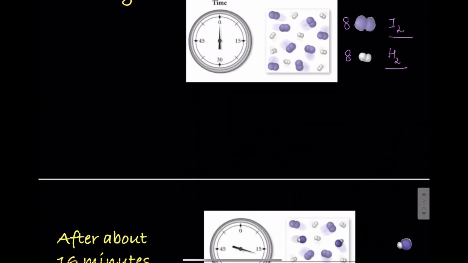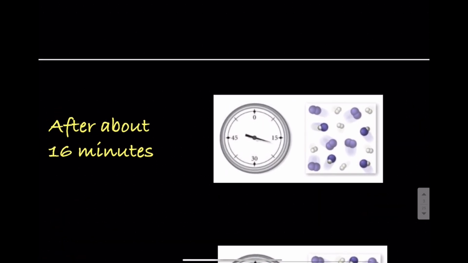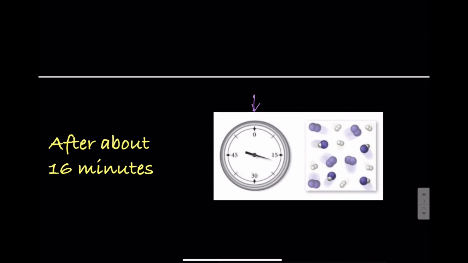Let's say we let the reaction go on for about 16 minutes. You can see that the clock shows 16 minutes here. And you can now see that we have started forming the product, which is hydrogen iodide. So we have some molecules of the product, and we still have some amount of the reactants, the hydrogen and iodine, still present in this reaction mixture.